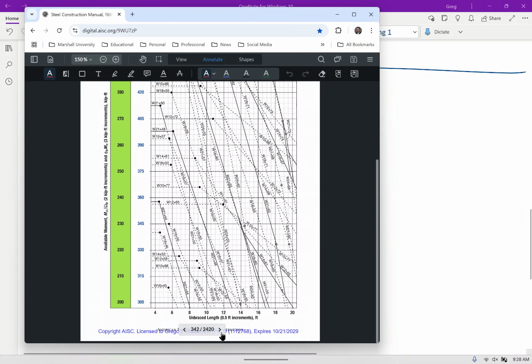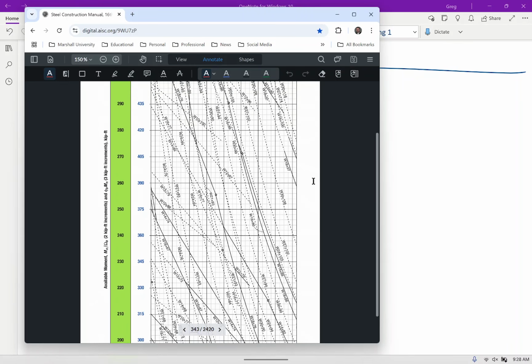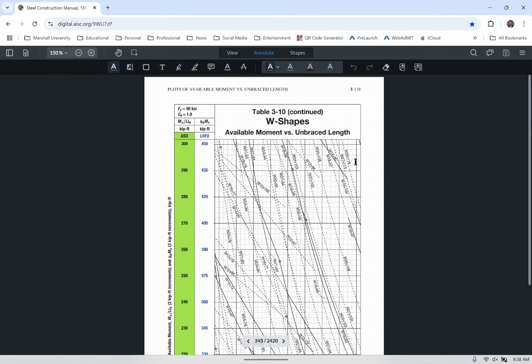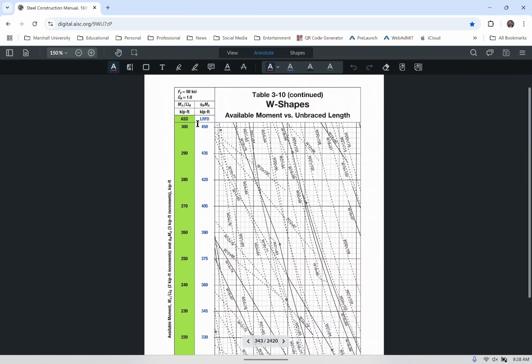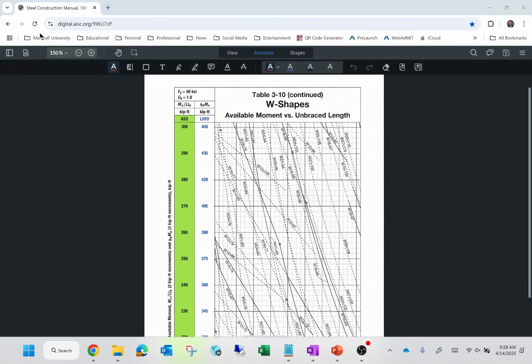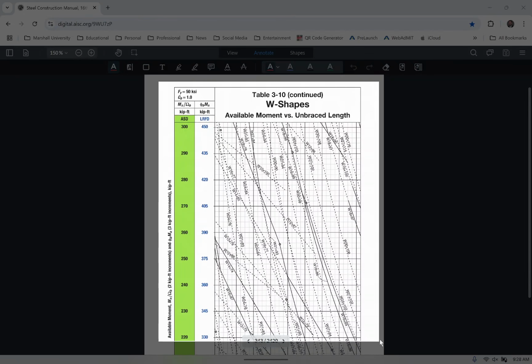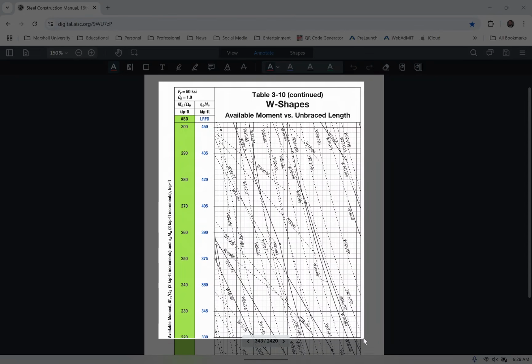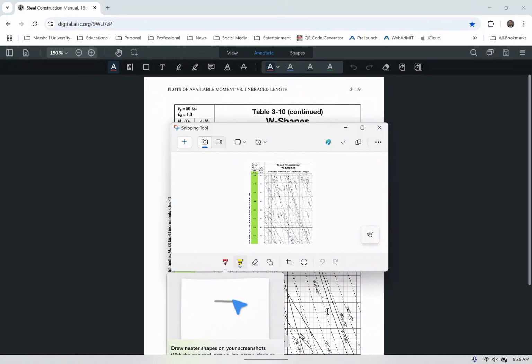386.53. Probably need to go one page over. This is about where we want to be. I'm on page 3-119.